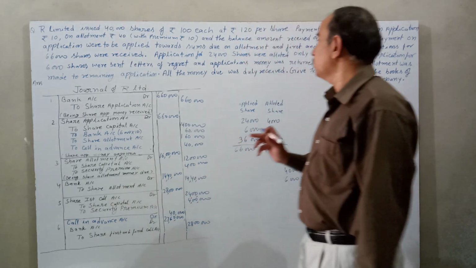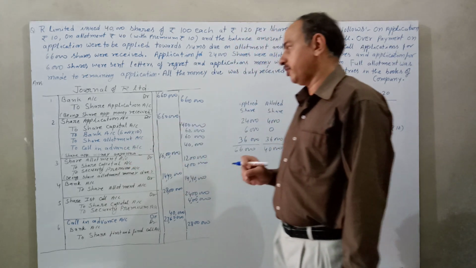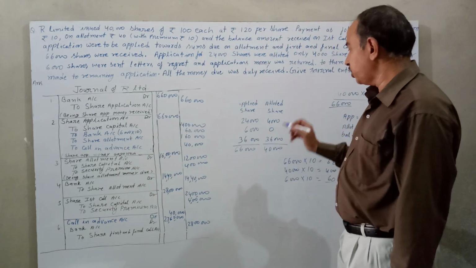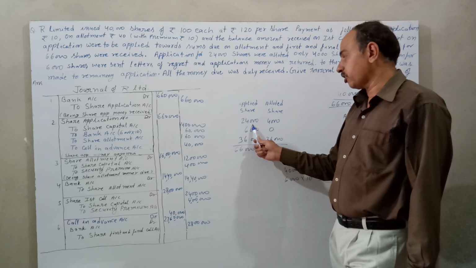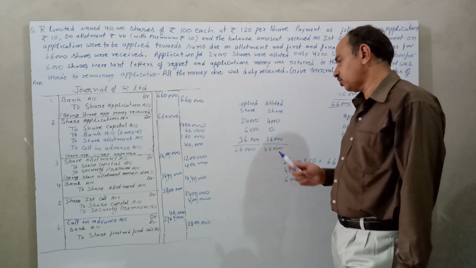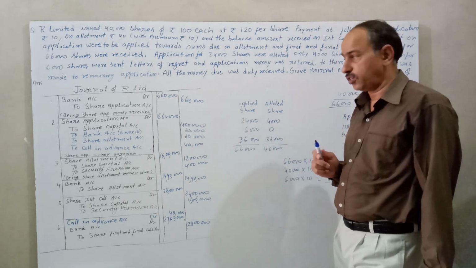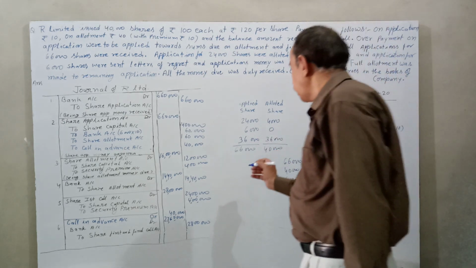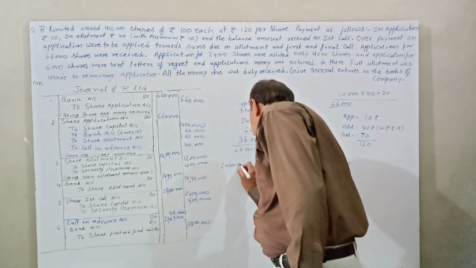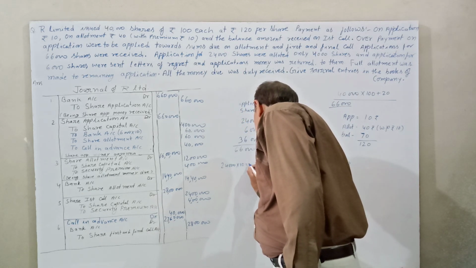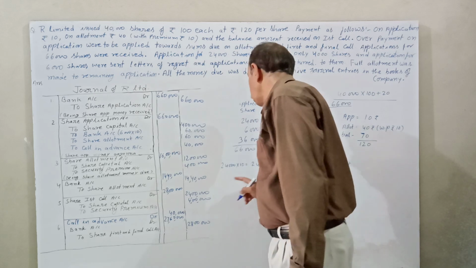And share allotment. Look here, the shareholders applied for 24,000 shares and the company gave only 4,000. So we calculate the amount: 24,000 multiplied by 10 is equal to 2,40,000.